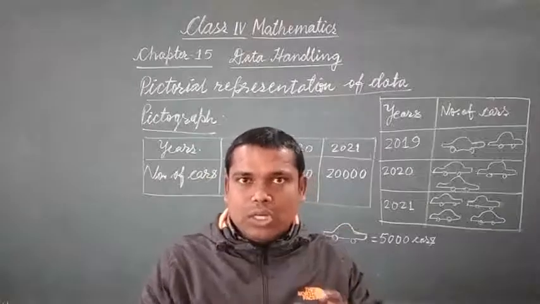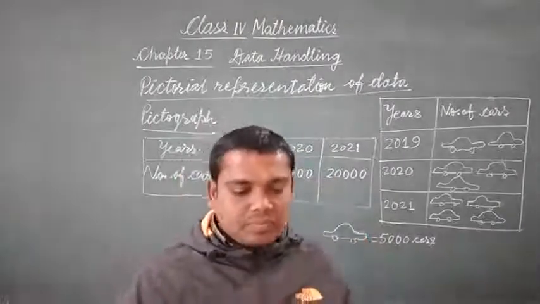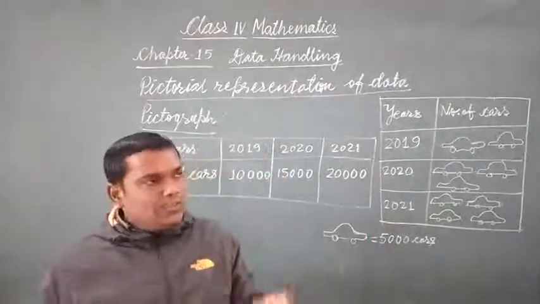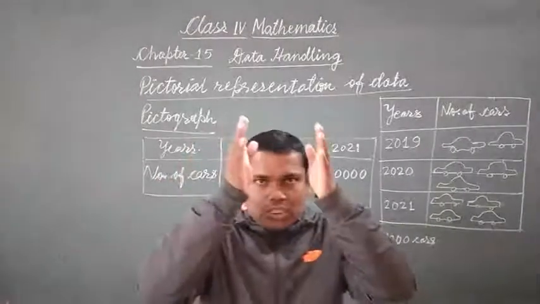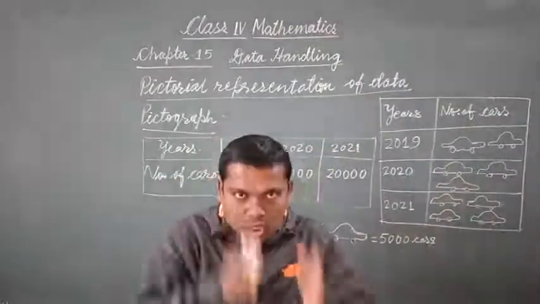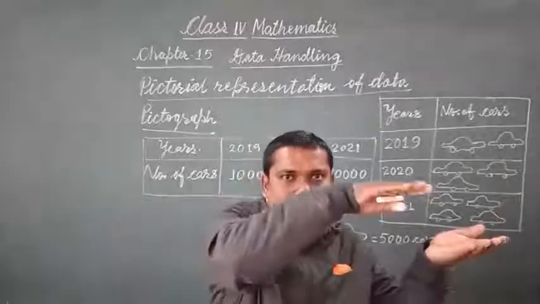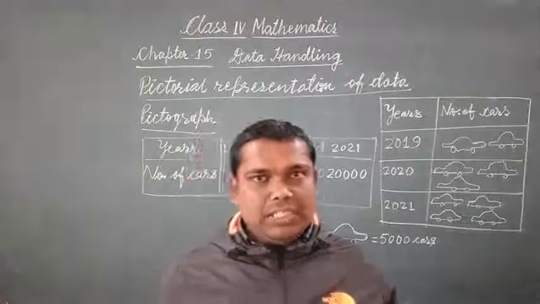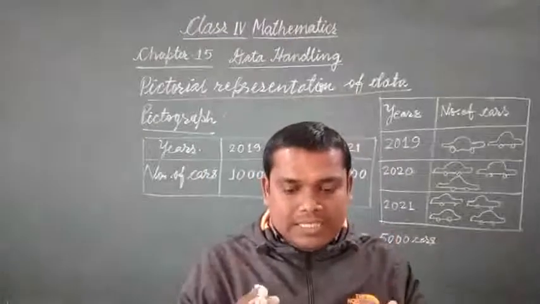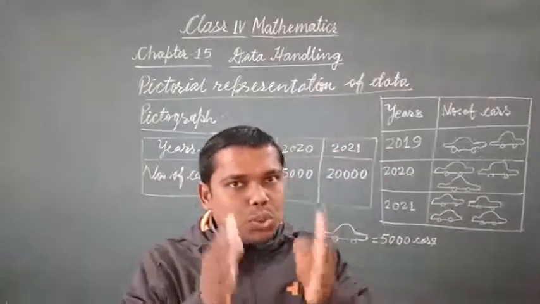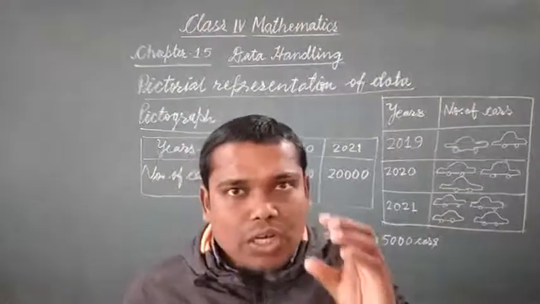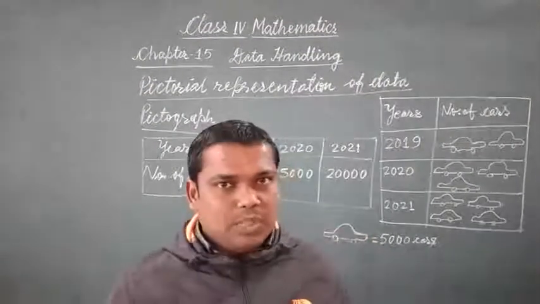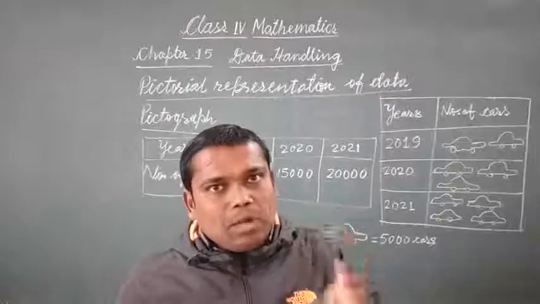Bars we draw using rectangles of uniform width erected horizontally or vertically, both ways, and that type of representation is best suited for numerical data, okay, and called bar graphs.